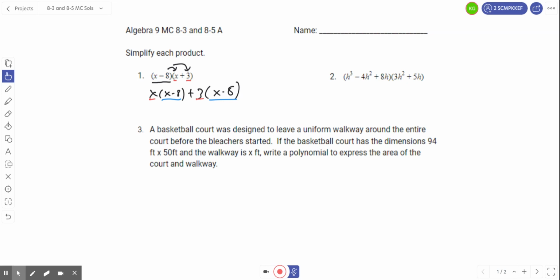So x times x is x squared. x times negative 8 is negative 8x. 3 times x is 3x. And 3 times negative 8 is negative 24.